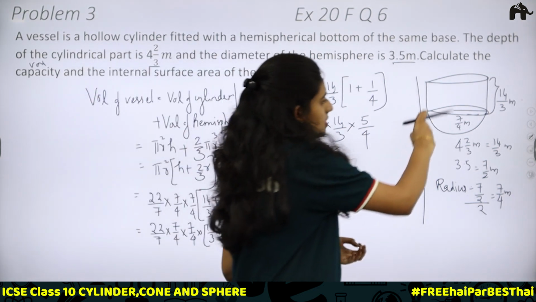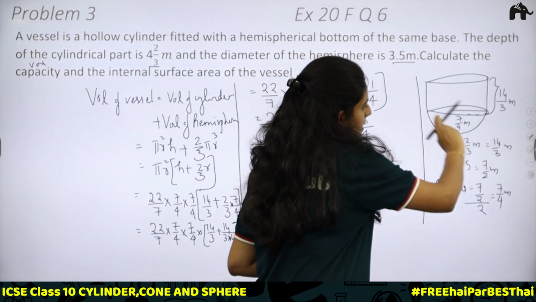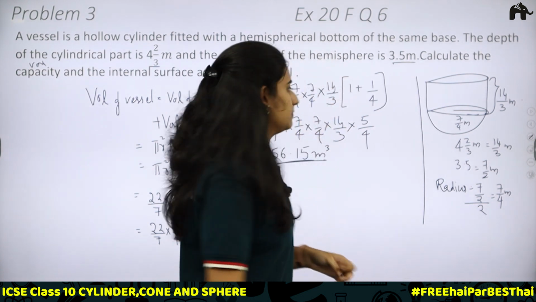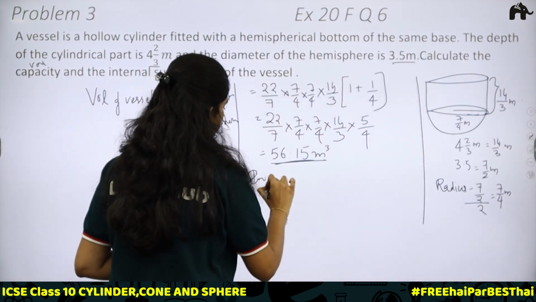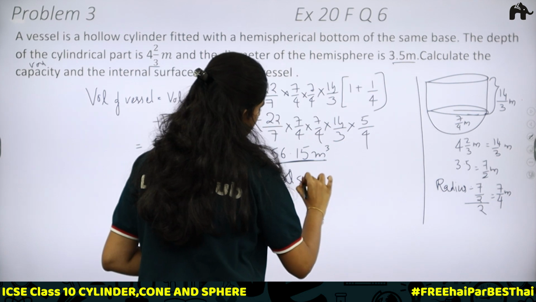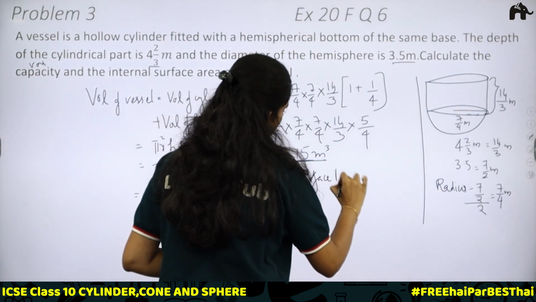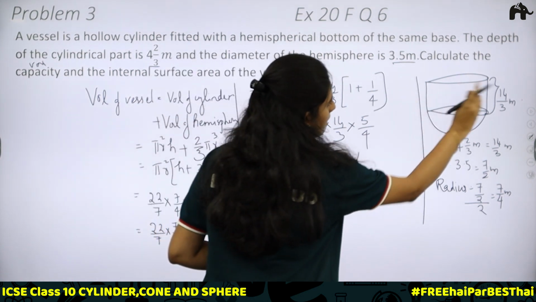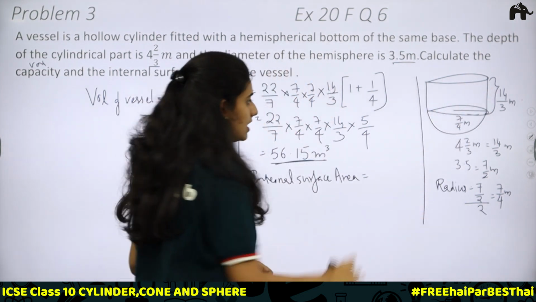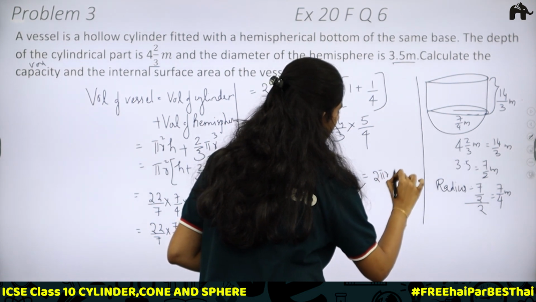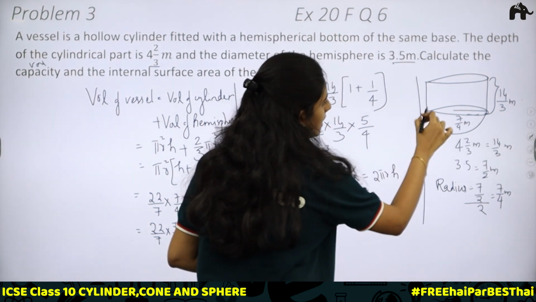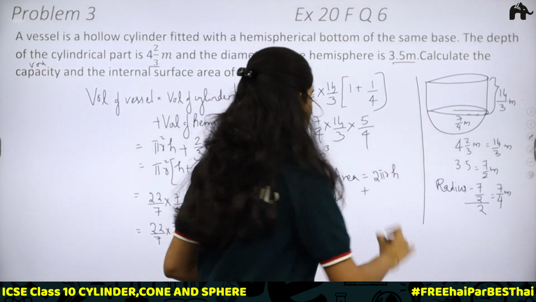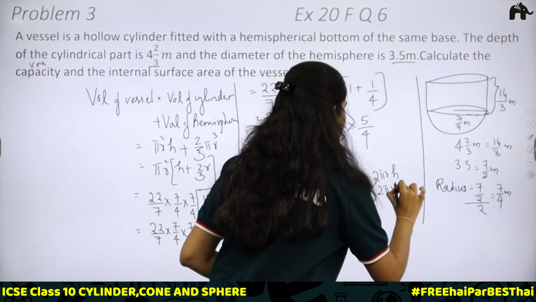Internal surface area includes the curved surface area of hemisphere and the curved surface area of the cylinder. Okay, internal surface area will be equal to, here curved surface area of cylinder is 2 pi r h plus curved surface area of the hemisphere will be equal to 2 pi r square.